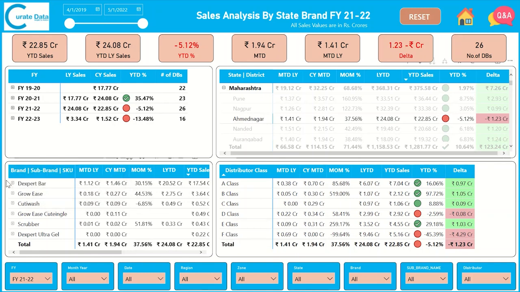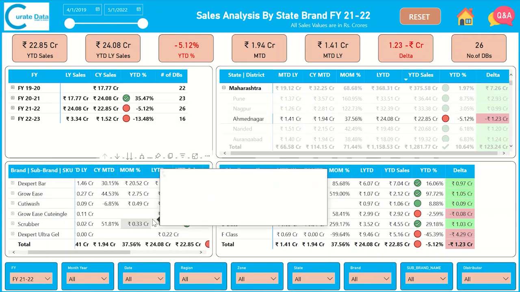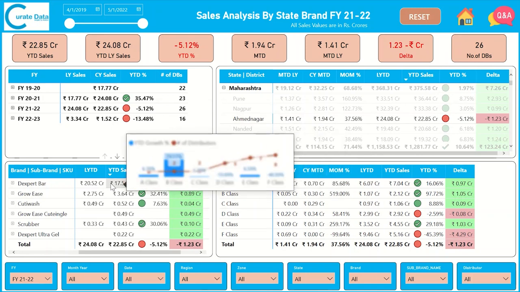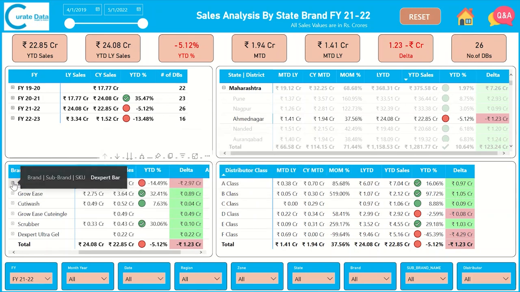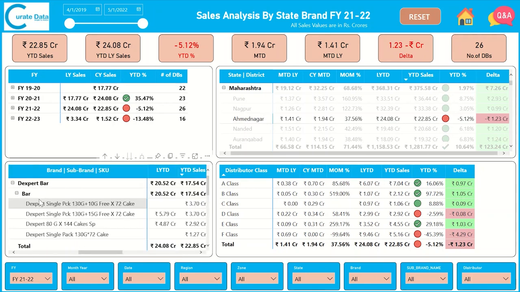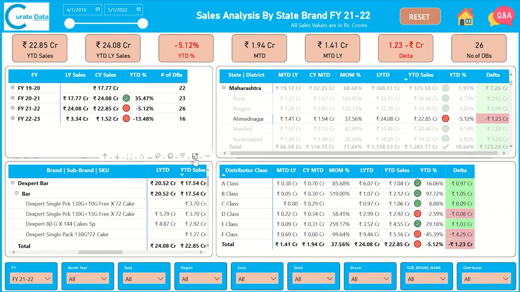If I talk about the brand wise, my top contributor is D Expert Bar with 17.54 crores for Ahmednagar, right? And it degrew by 15% because last year it was 20.52 crores, right? So now we have to understand why these are degrowing. So if I further drill down, I will see SKU wise, which are my degrowing SKUs.